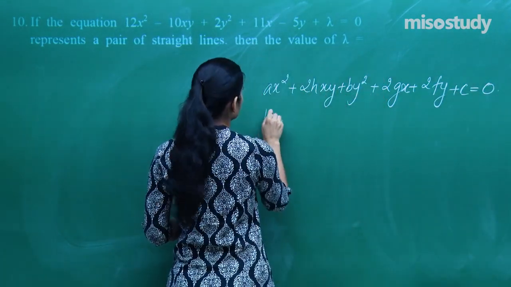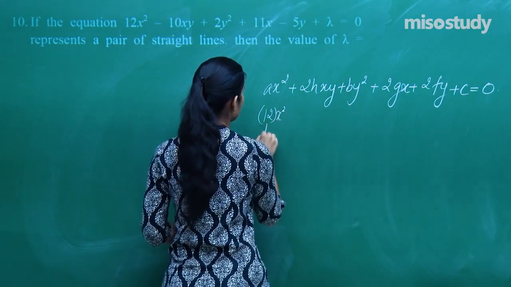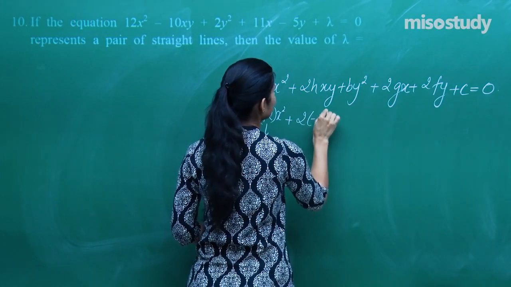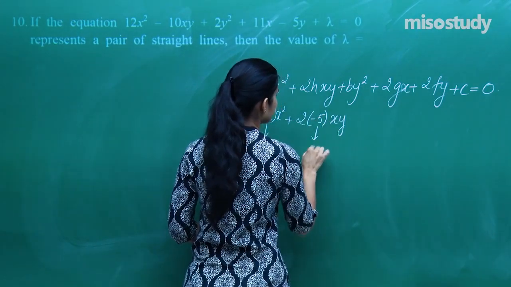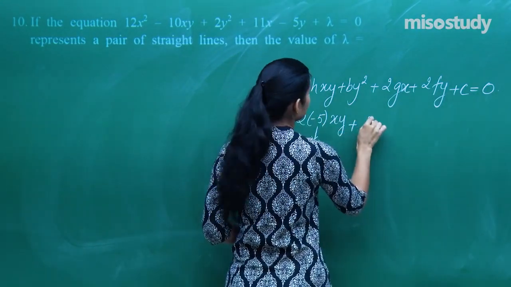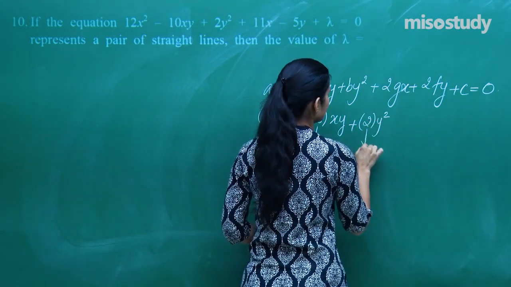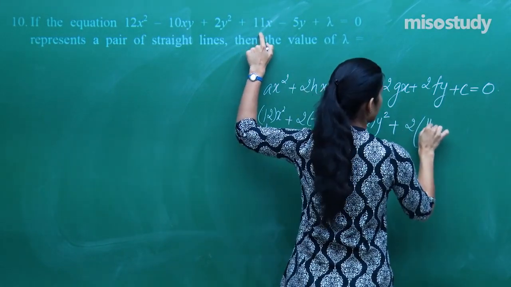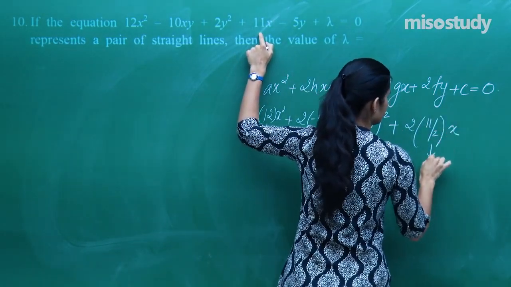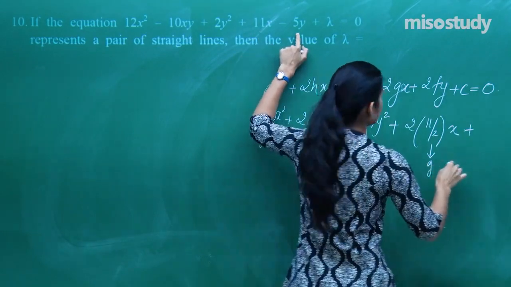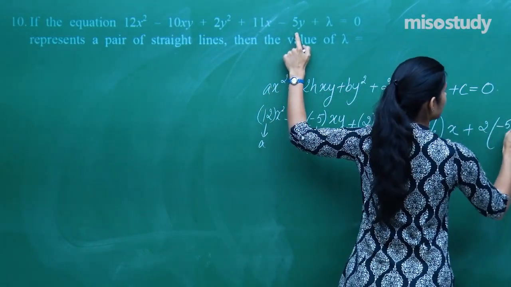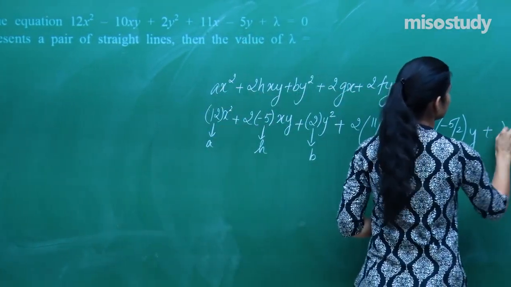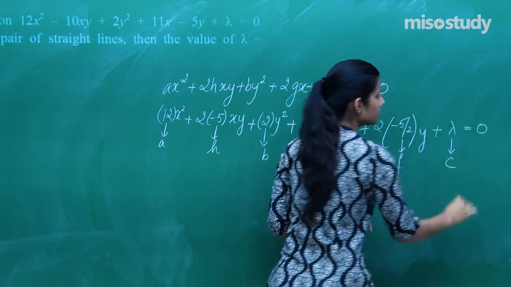Here it is ax squared, so 12x squared, 12 is a, plus 2hxy, so 2 into minus 5xy, this is h, plus by squared, 2y squared, this is b, plus 2gx, this is g, plus 2fy, this is f, plus c.